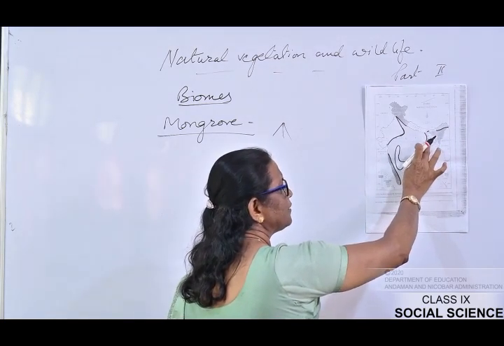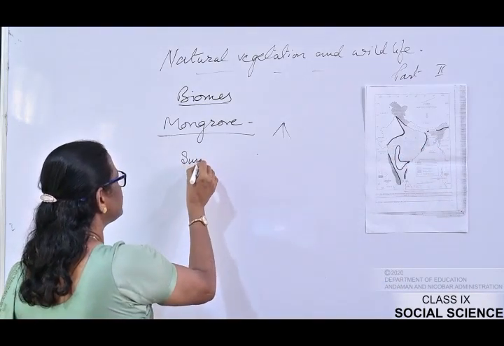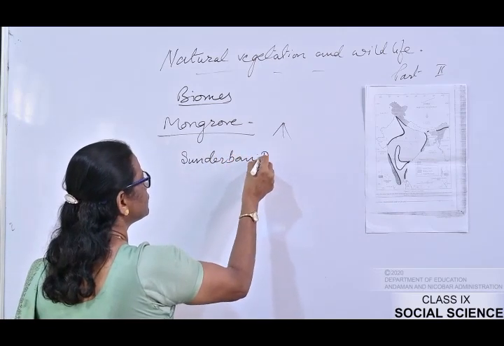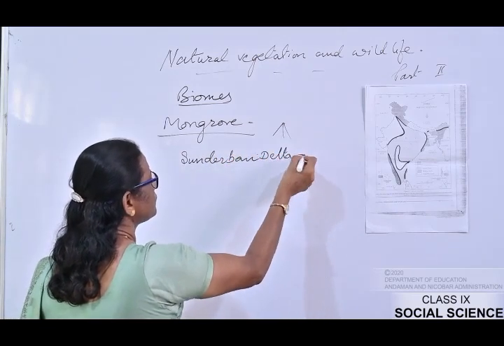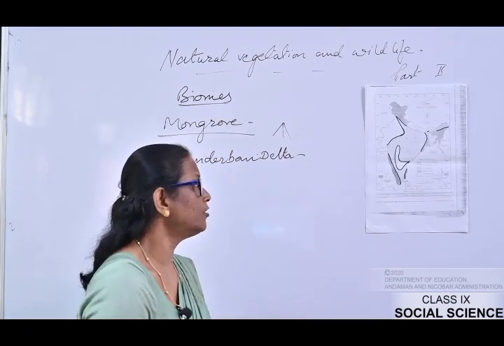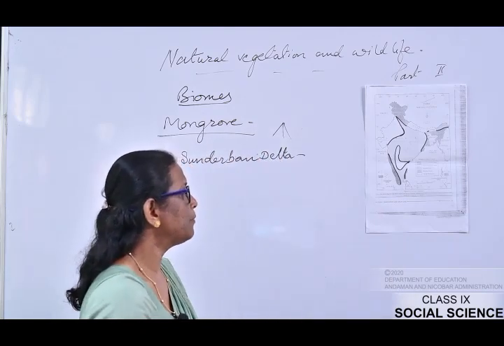So this delta, it is called Sundarban delta. Sundarban delta is the largest delta in the world, which is formed by Ganga and Brahmaputra.